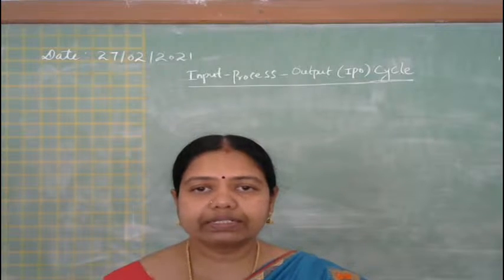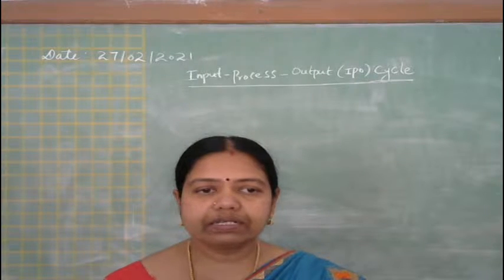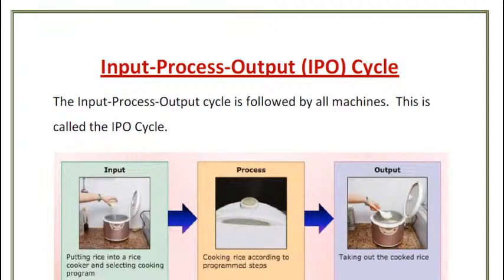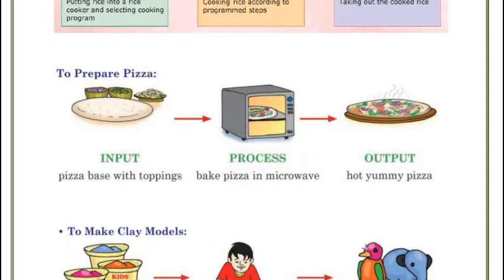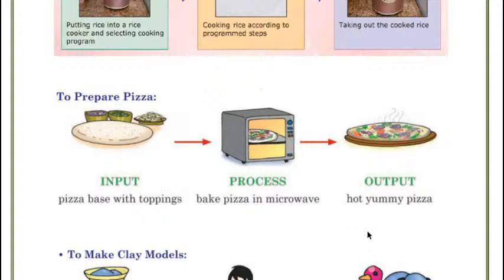Now in the same way we'll see another example. You can see this. To prepare a pizza, or to eat the pizza, you can take any one task. In this example, the picture shows we are preparing a pizza.